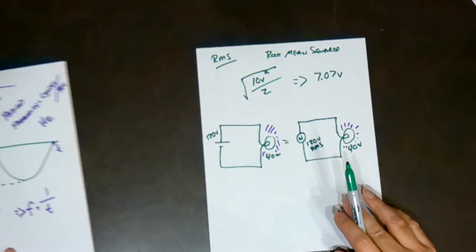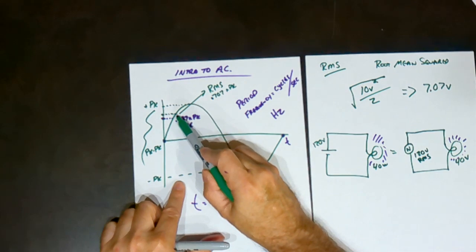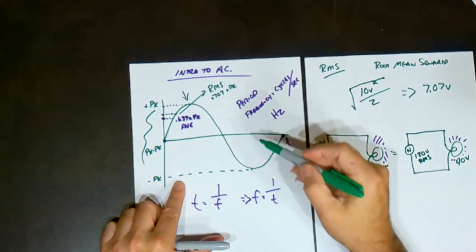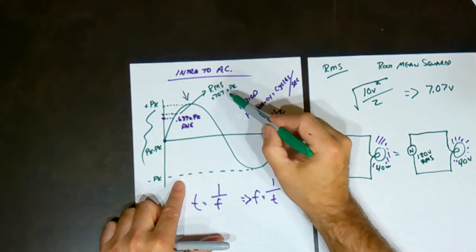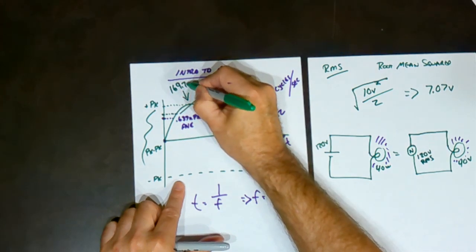So what does that actually look like? Well, if we go back over here, that means that this point right here is 120 volts. So that means the peak on my waveform is actually going to be 120 divided by 0.707, and it's going to be something like 169.7 volts.